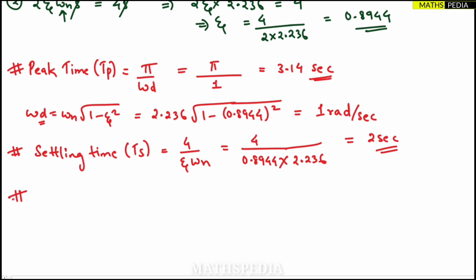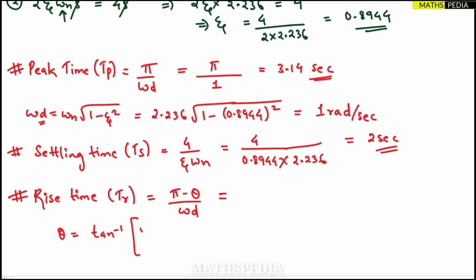Okay, next we'll go for rise time, which is TR. TR value is given as pi minus theta by omega d. Now here one new thing came, theta. Now how to find theta? We have the formula tan inverse of square root of 1 minus zeta square by zeta. This is the formula. It will be in radian.